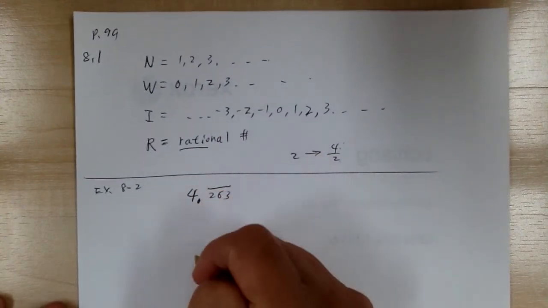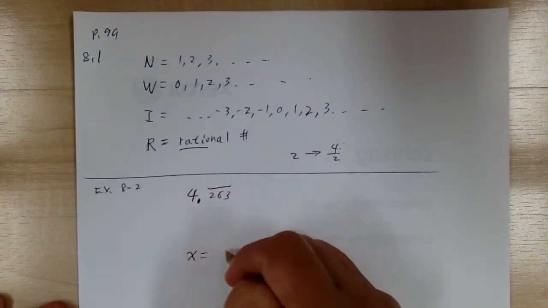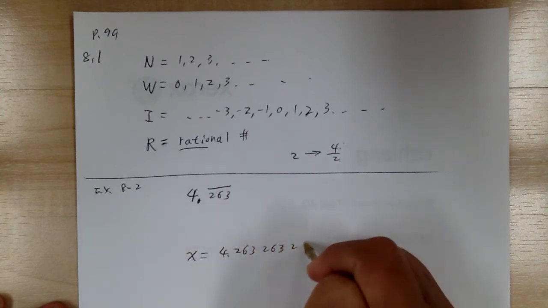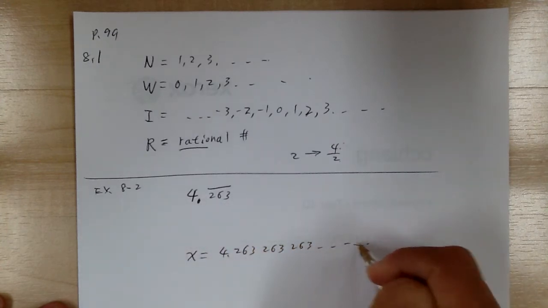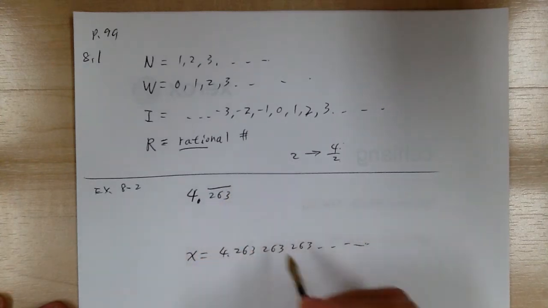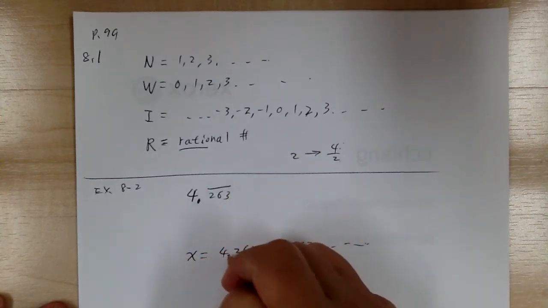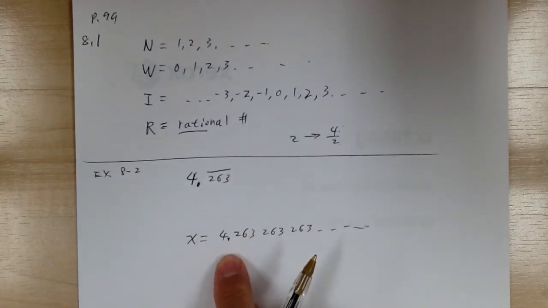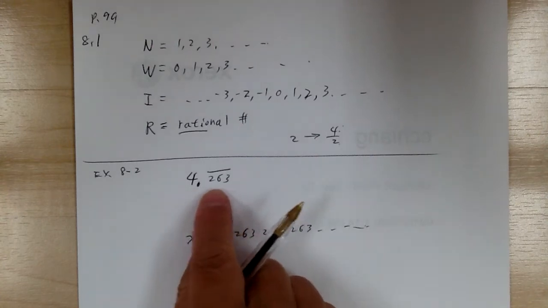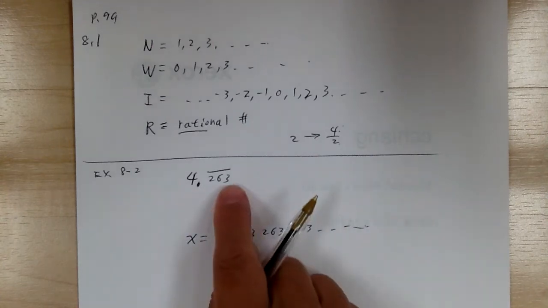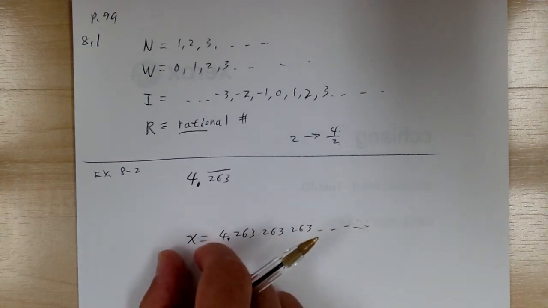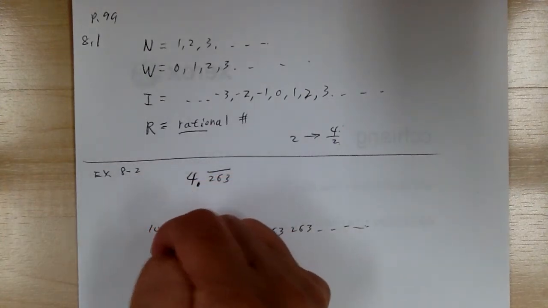What you want to do first is write let x equal 4.263, 263, 263, and so on. The bar over the digits means it's repeating. Now, the way to convert this into a fraction is to shift over the same number of digits as repeated. There are 3 digits repeated, so you want to shift over 3 digits. That means you have to multiply by 1,000.